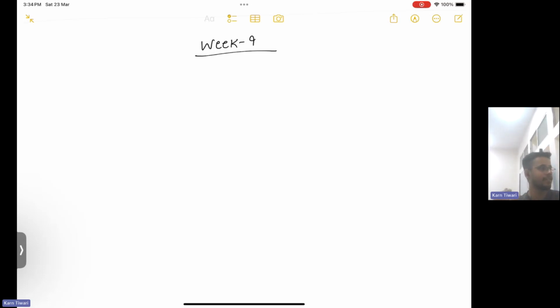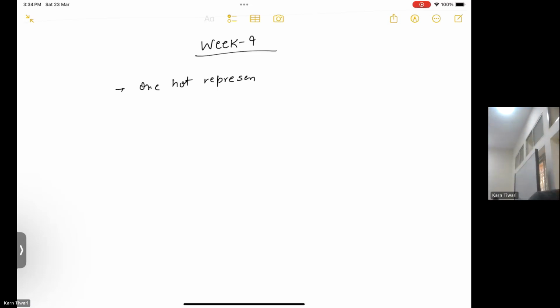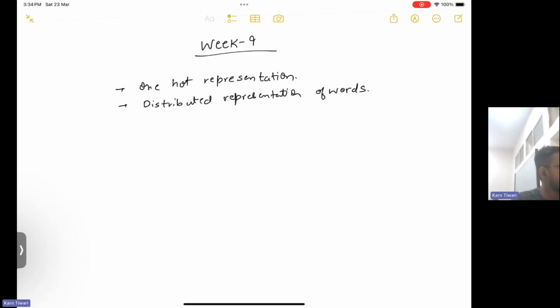So, this week was mostly about natural language processing. The first thing we are going to see is the one hot representation. The second thing is distributed representation of words. The next is SVD for learning the word representation.